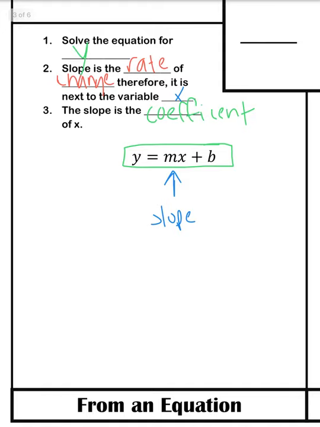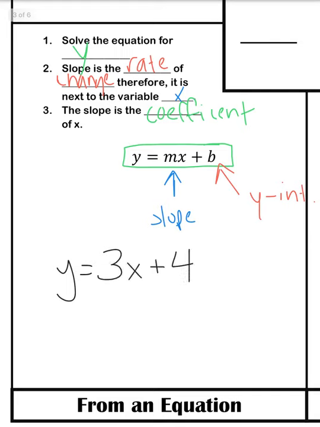As we look at our equation y equals mx plus b, we already know that m is the slope. Once again, let's identify the b as our y-intercept. If I wrote down the equation y equals 3x plus 4, I would be able to identify both the slope and the y-intercept.